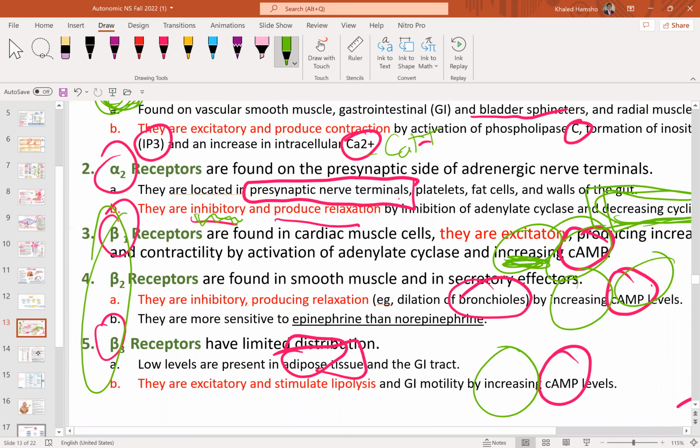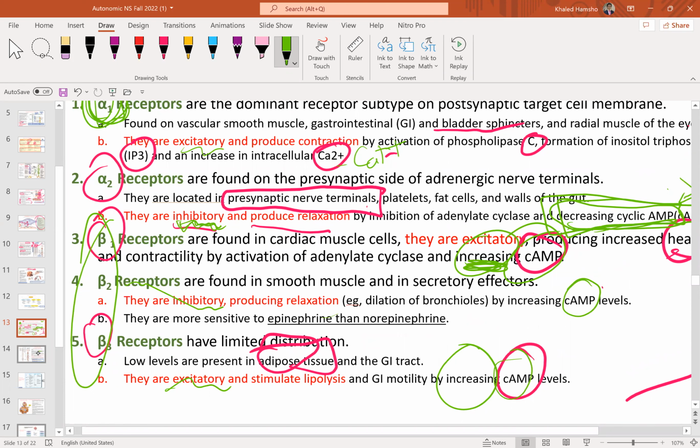I know it says inhibitory over here. This one says inhibitory. This one says excitatory. It's just the way they work initially through cyclic AMP is the same. The way this cyclic AMP goes into the cell is inhibitory.